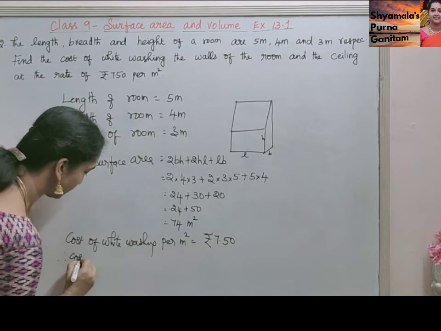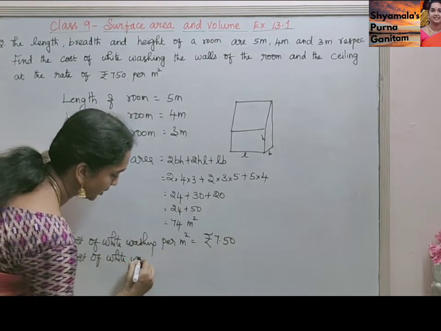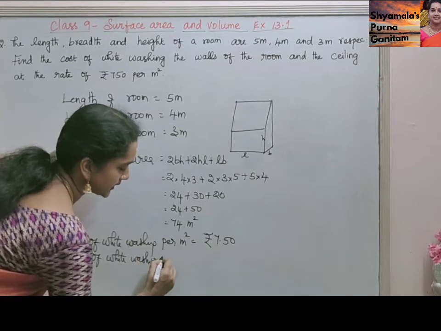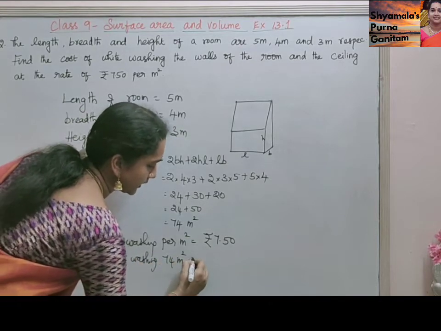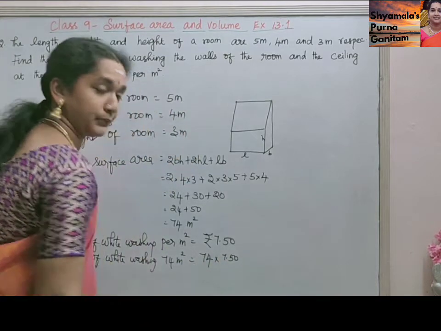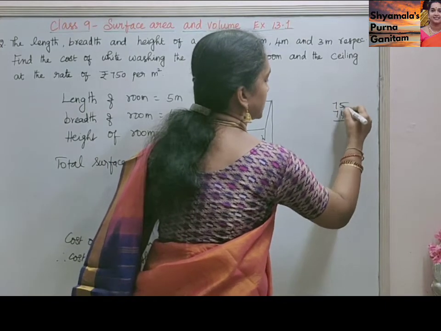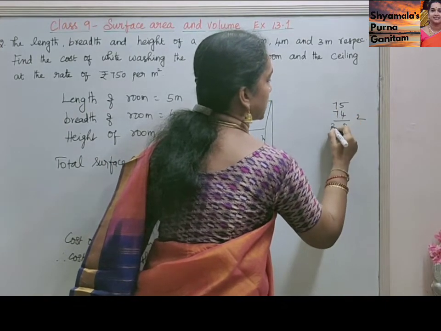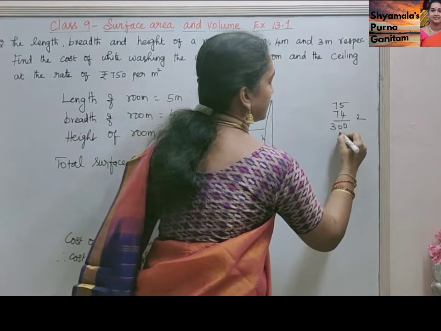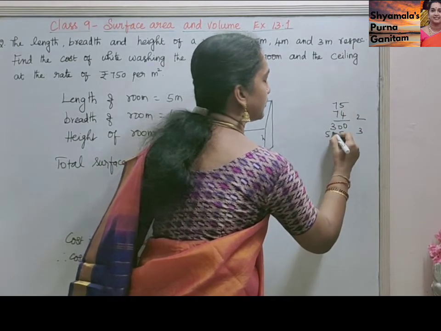Therefore, cost of whitewashing 74 meter square is equal to 74 into 7 rupees 50 paise. So, 74 into 75. So, 5 4s are 20, 7 4s are 28 plus 2 is 30, 7 5s are 35 plus 3, 7 7s are 49 plus 3 is 52.